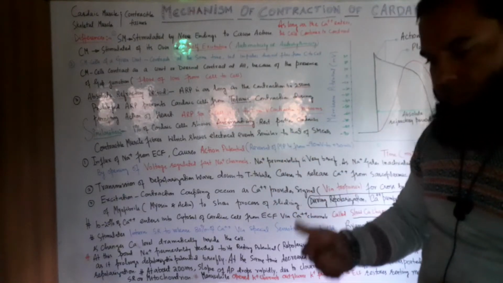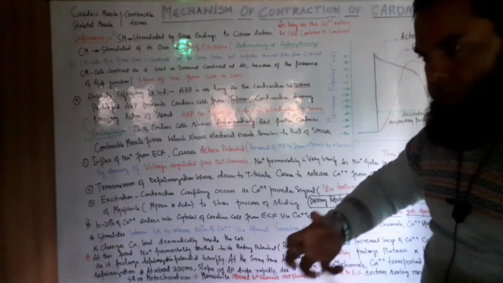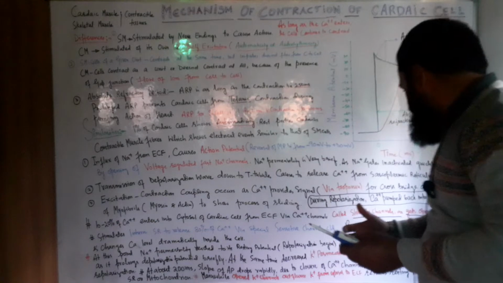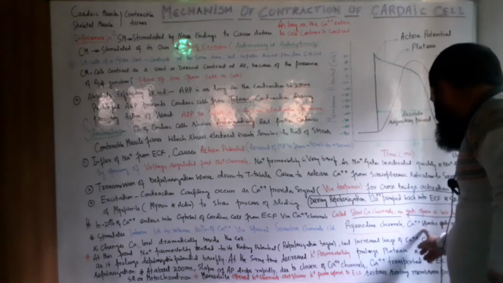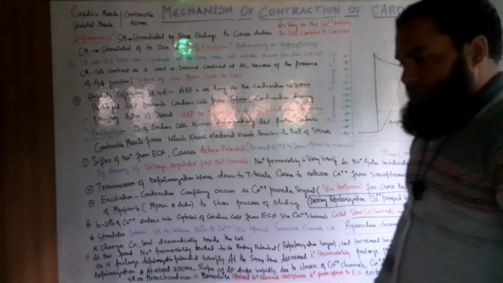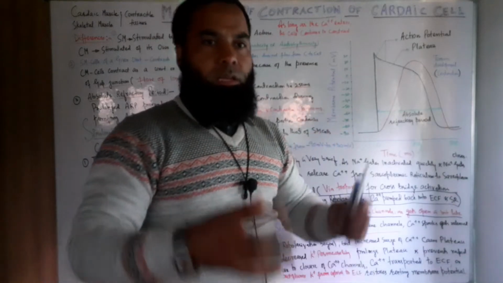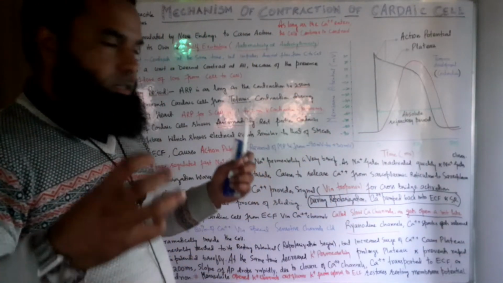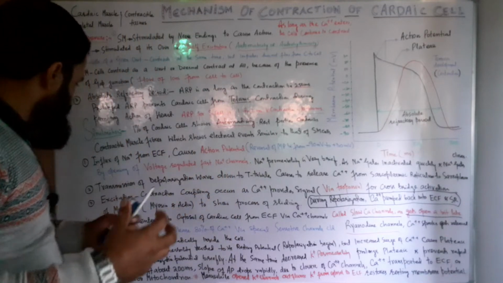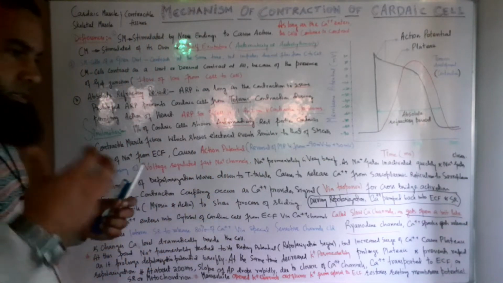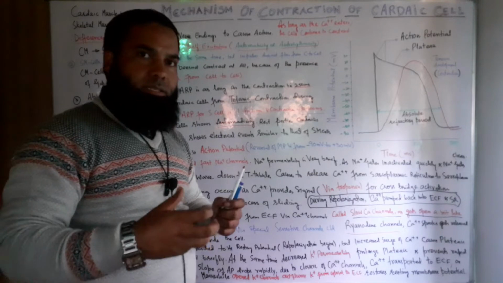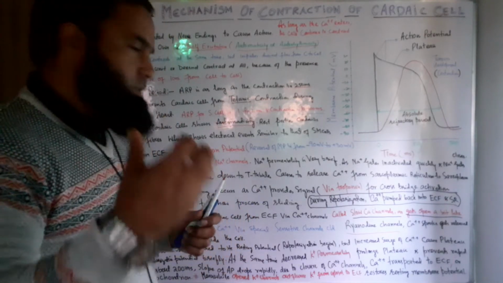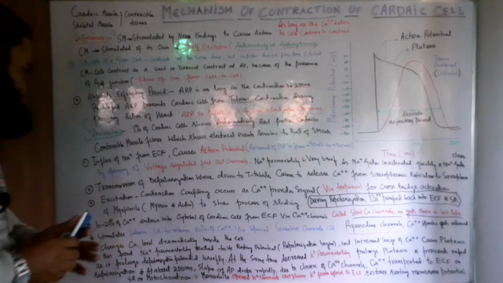Through this, the calcium gets out from the sarcoplasmic reticulum in the form of sparks, that's called the calcium sparks. And what happens? There is a rapid, dramatically increased cytosolic calcium level inside the cardiac cell.